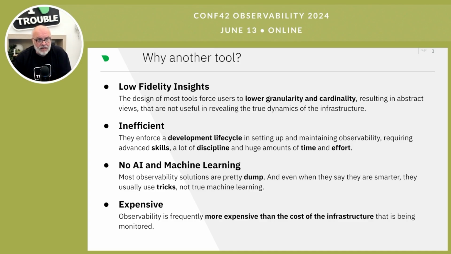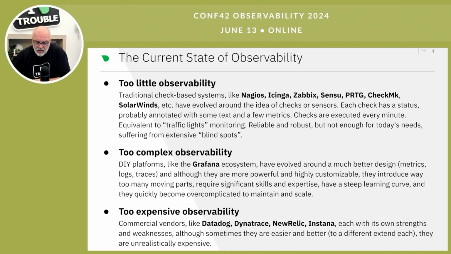Now, the current state, as I see it, from my experience: the tools that exist out there, I respect all of them. Each of these tools has contributed significantly to the evolution of observability solutions. There is the world of too little observability.